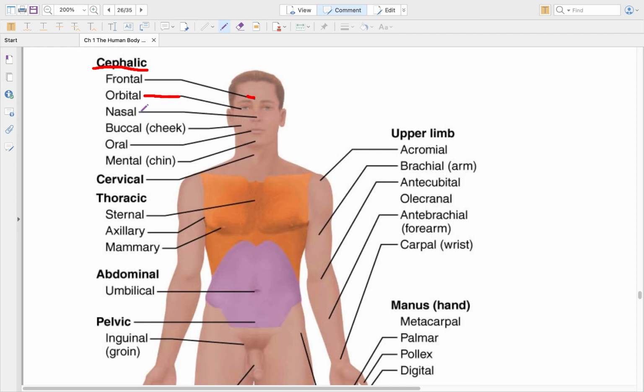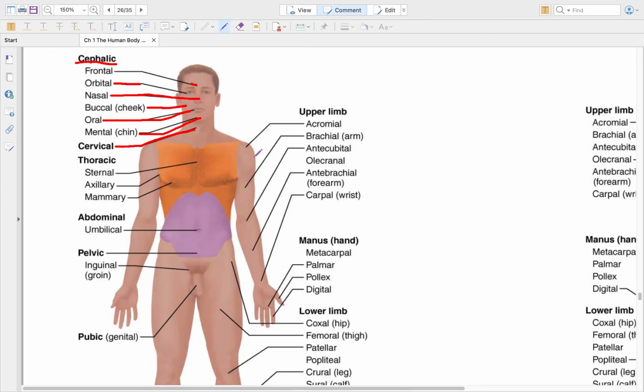Nasal is nose. Buccal is cheek. Oral is mouth. Mental is chin. Now we're talking about the neck. We're talking about the cervical. Think of the cervical spine, right?